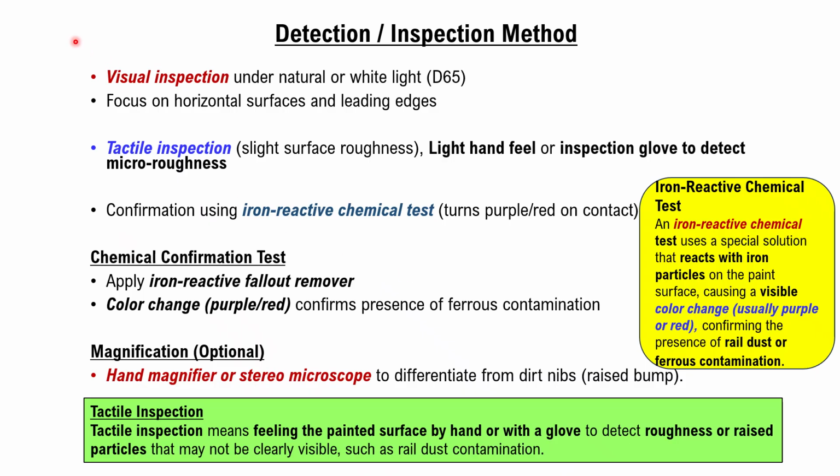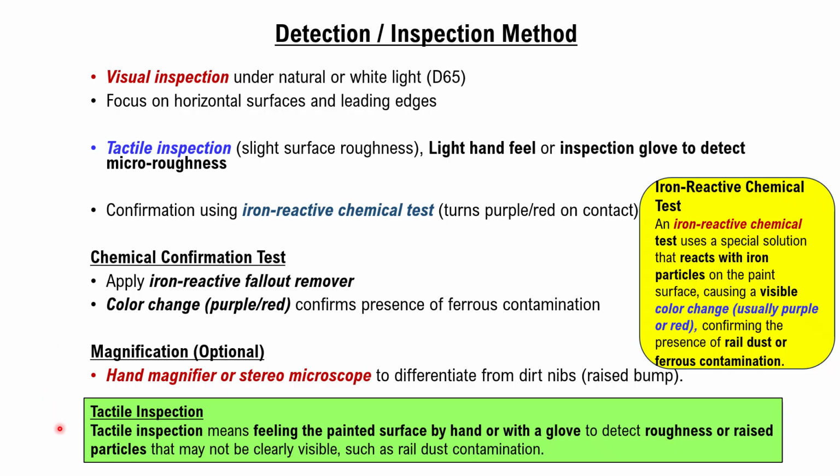Regarding inspection and detection method, first comes visual inspection under natural or white light, that is D65. Focus on horizontal surfaces and leading edges. Tactile inspection: slight surface roughness, light hand feel, or an inspection glove to detect micro roughness.